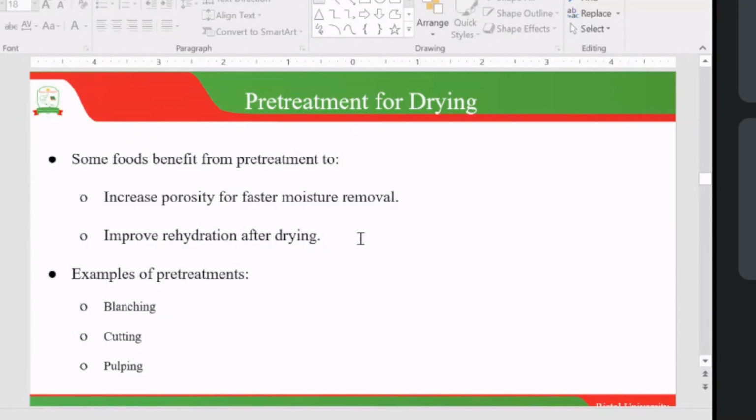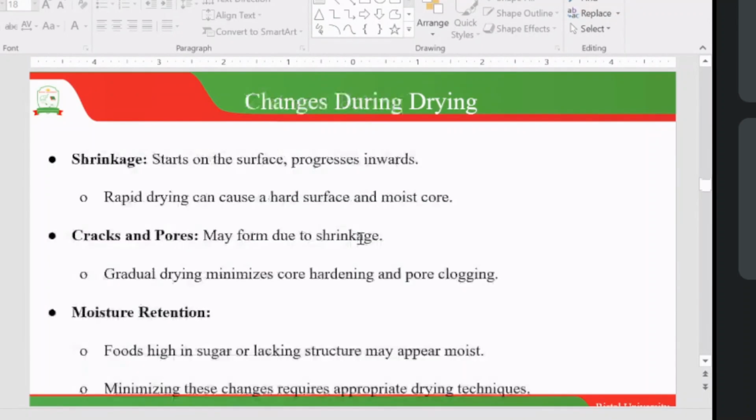When I talk about pulping here, we are looking at, in food processing, the breaking down of those fruits and vegetables into those semi-liquid forms, and this is referred to as a pulp. So we try as much as possible to increase the surface area for evaporation to happen.